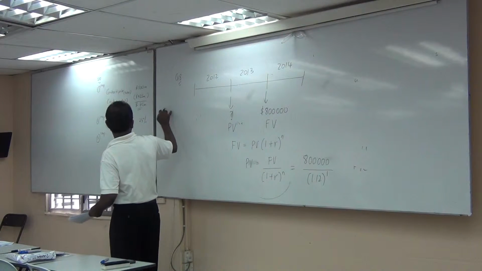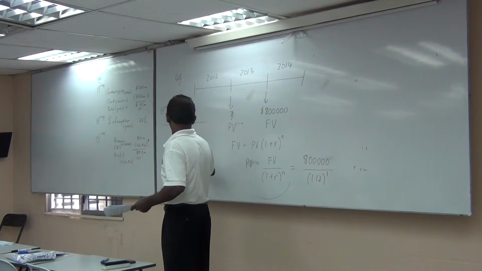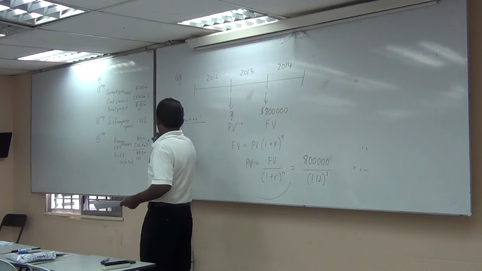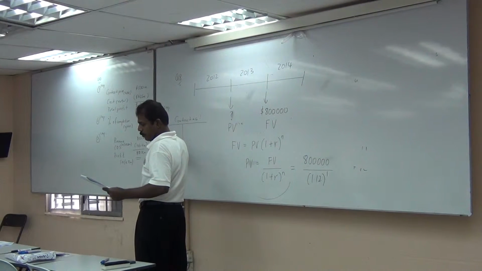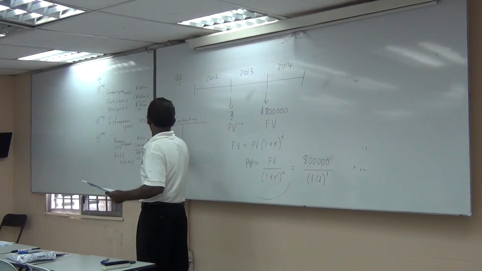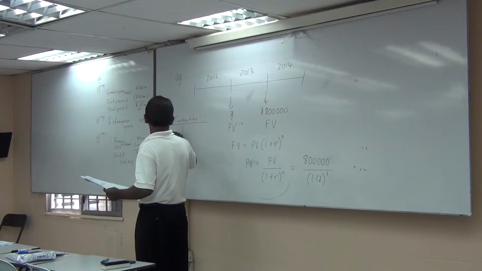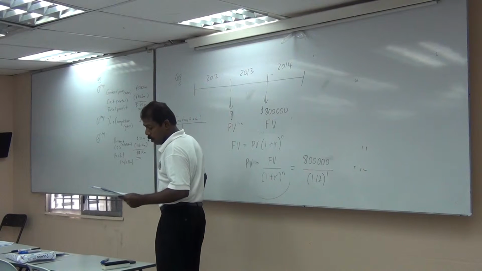Fourth step. Open up the contract account. Now, how much actual cost incurred? Cost incurred, 120 million. Debit here, credit cash or bank.